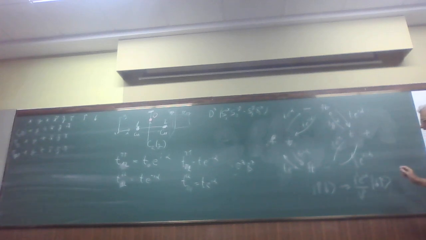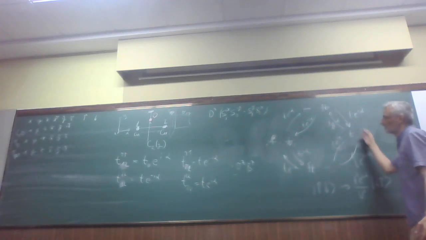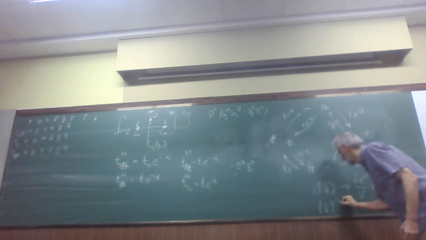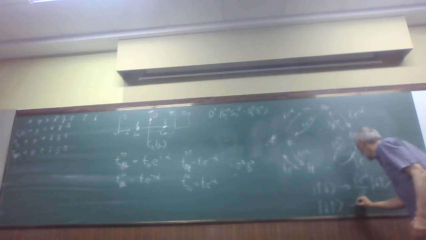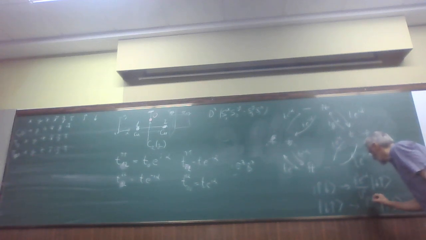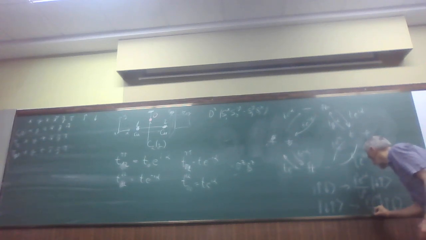Then we may ask what happens if we go in the other direction. So down up will go to up down with the phase t squared e to the minus 2i alpha divided by U. Okay, so this is what changed.